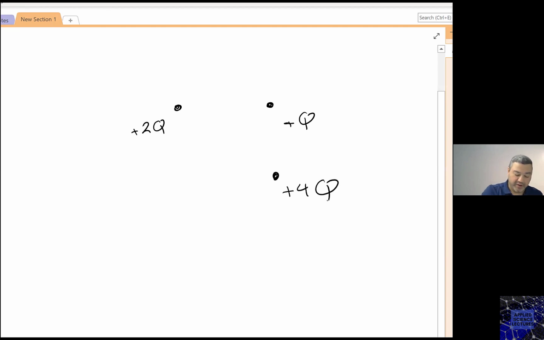So if I adopt the colors, let's make the distances the same. So the distances here are the same. This is D. We need to calculate the net force exerted on the plus Q due to the plus 2Q and plus 4Q.